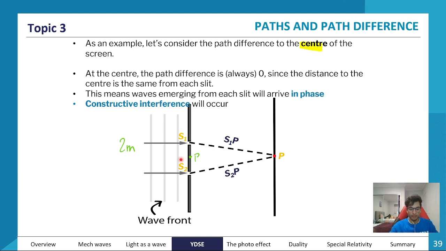Because it's in the middle, S1 and S2 travel the same distance. So let's say S1 travels 10 meters and S2 travels 10 meters; 10 minus 10 is 0. The path difference is equal to 0, and because the path difference is 0, the waves arrive in phase, and constructive interference will occur.